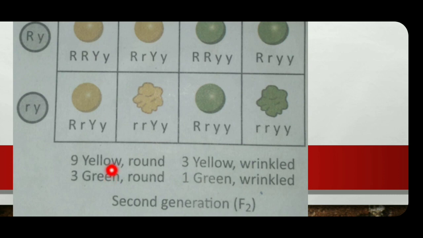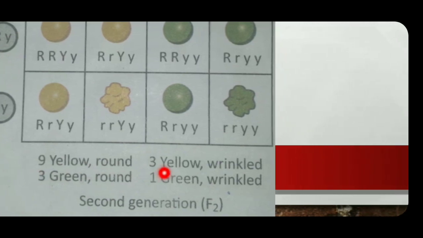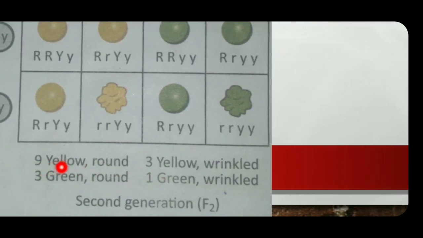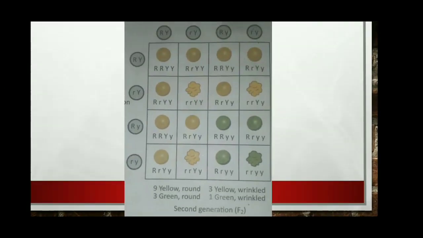So the ratio of each phenotype of seeds in the F2 generation is 9:3:3:1: 9 yellow round, 3 yellow wrinkled, 3 green round, 1 green wrinkled. This is the phenotypic ratio of the F2 generation.